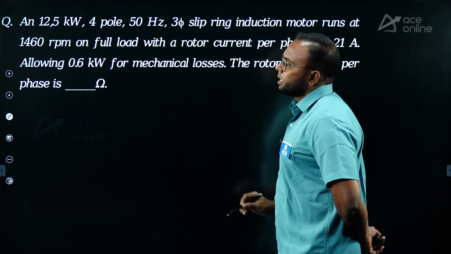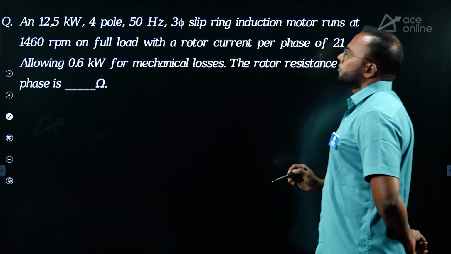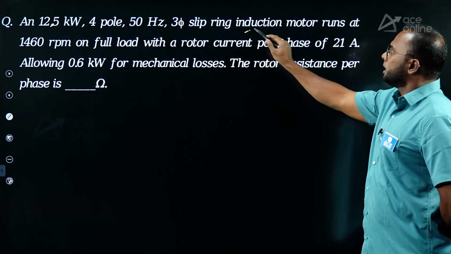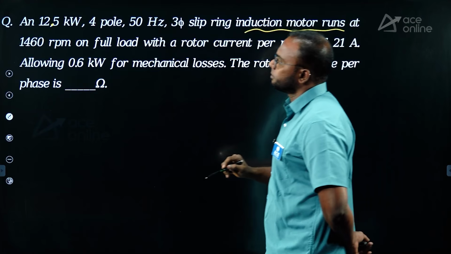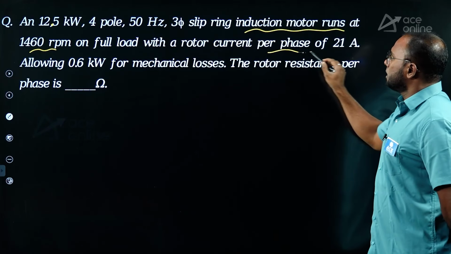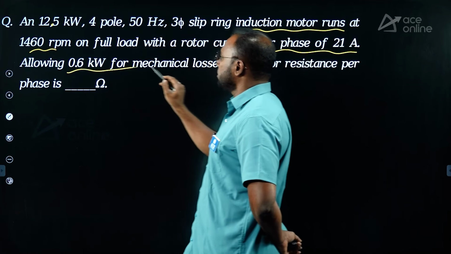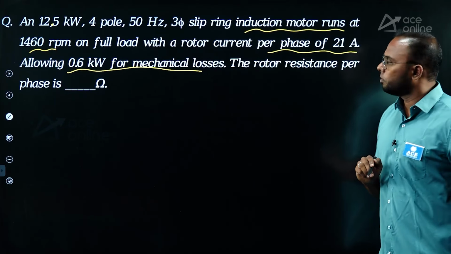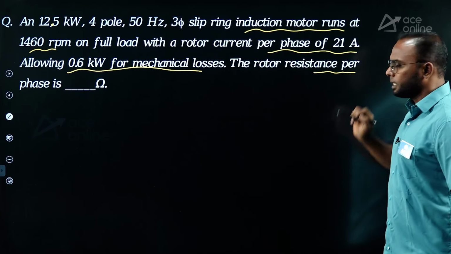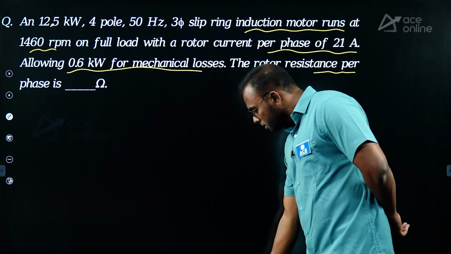A 12.5 kilowatt, 4 pole, 50 hertz, 3 phase slip ring induction motor runs at 1460 rpm on full load with a rotor current per phase of 21 amperes, allowing 0.6 kilowatt for mechanical loss. Then what is the rotor resistance per phase here? Rotor resistance per phase.